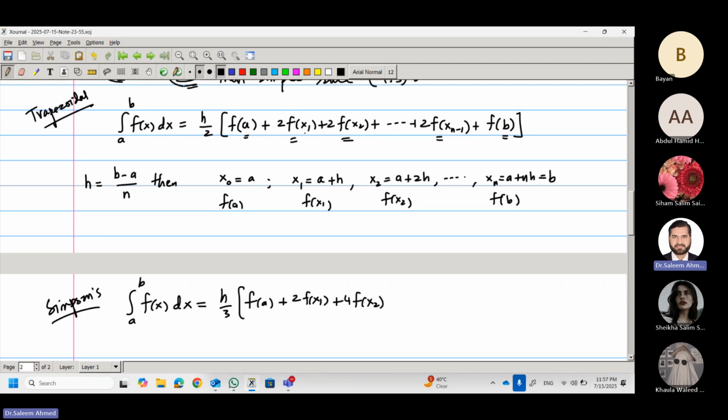So it's not 2, 2, 2. It's 1 is 4, 1 is 2, 1 is 4, 1 is 2. That's the only difference. So on. And the second last will be 4. And then the last is alone. F of a and f of b are alone. So 4, 2, 4, 2, 4, 2 like that. So that's the only difference between these two rules.